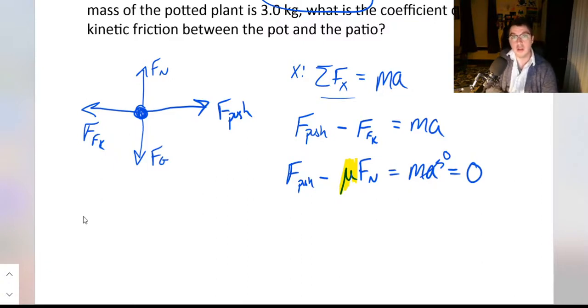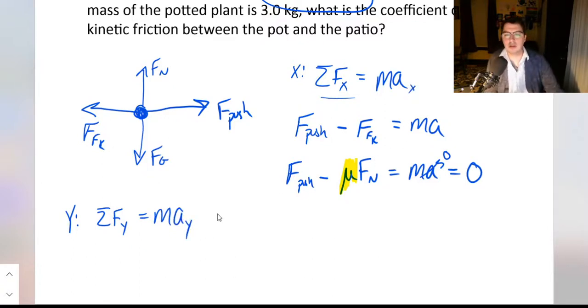Let's consider the y direction. Well, that's a highlighter. Ha ha ha. Erase that. Don't pay attention. Here we go. In the y direction, the sum of forces in the y direction, the y component of the net force, is equal to mass times the acceleration in the y direction. I mean, we could put an x over here, mass times acceleration in the x direction.